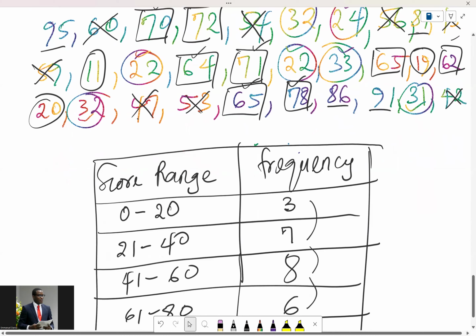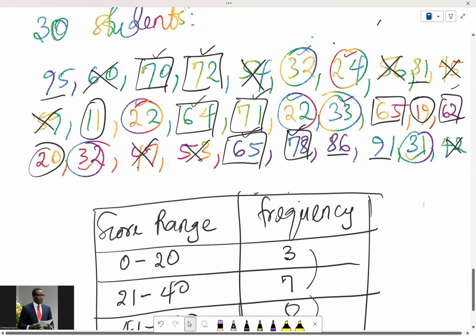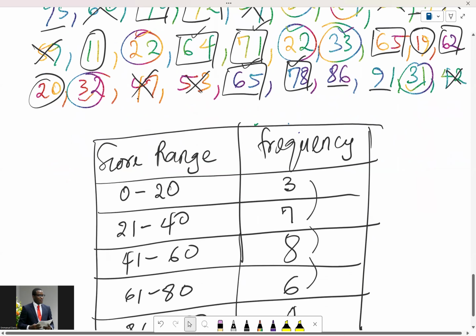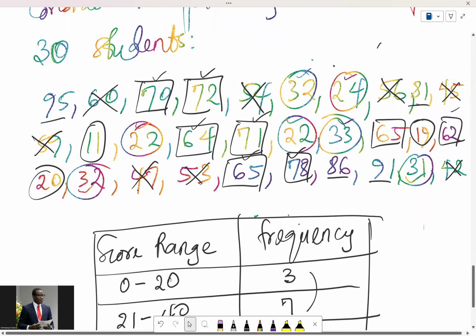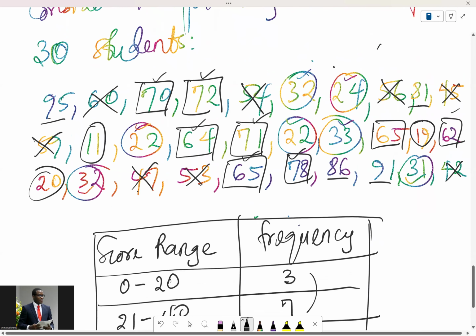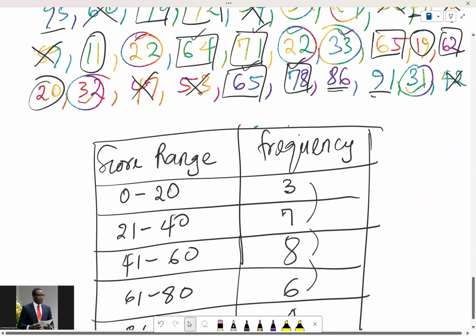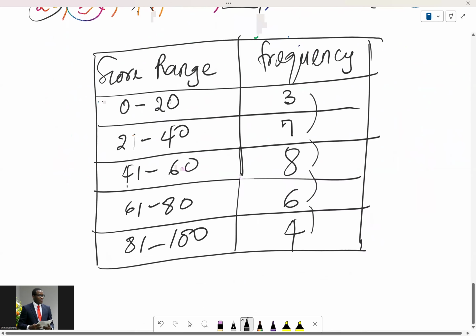Okay. So let's do it again. 81 to 100. Was that correct? 1, 2, 3 and 4. Okay, that's fine. So this is 14 plus 8, 22. 22 plus 10.